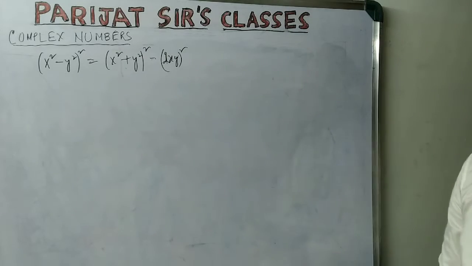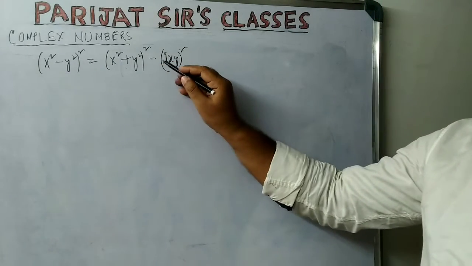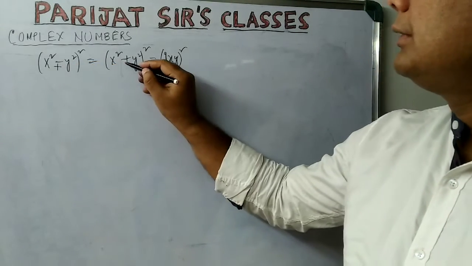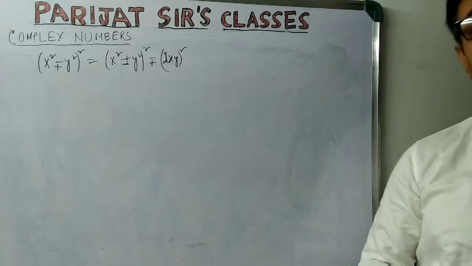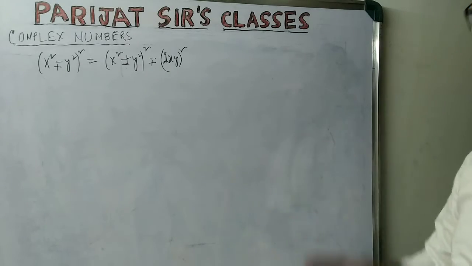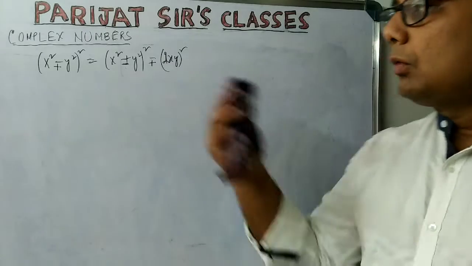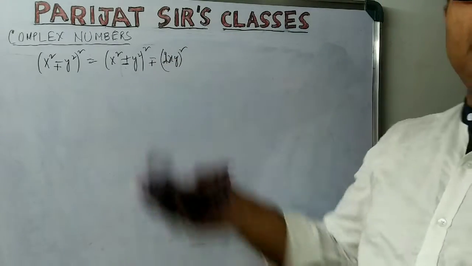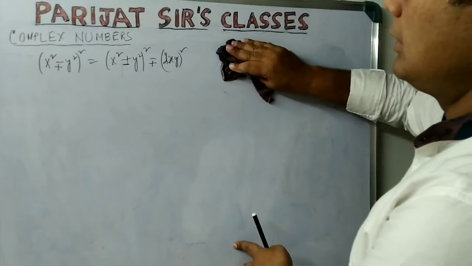Okay, so this is a formula. Just remember it, keep this in mind. If you have problems, please refer to class 9 books or watch this video again and again. We will be requiring this formula while solving the square root of a complex number.